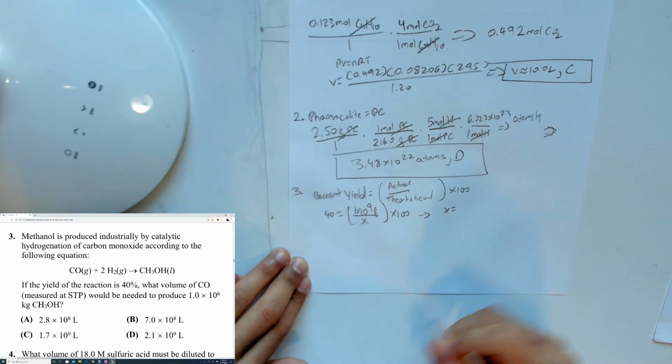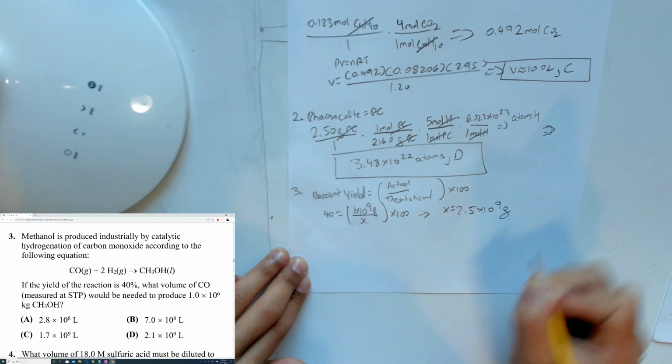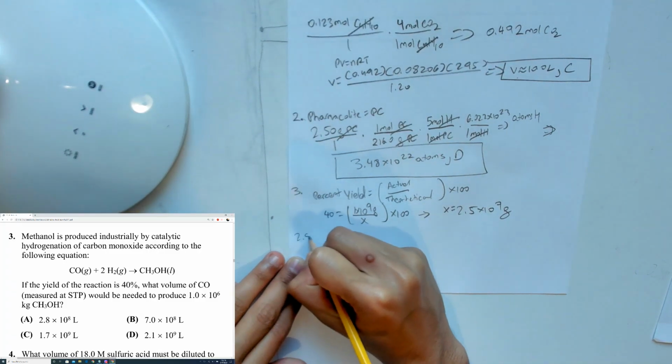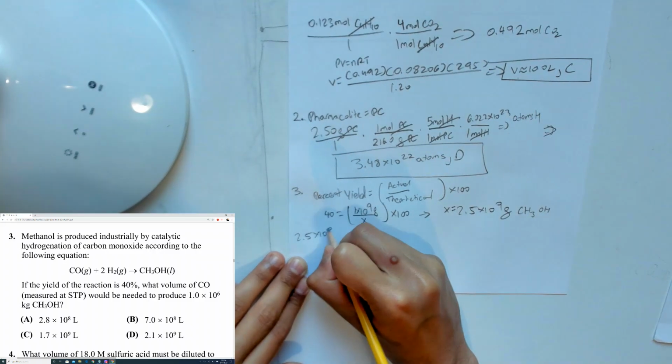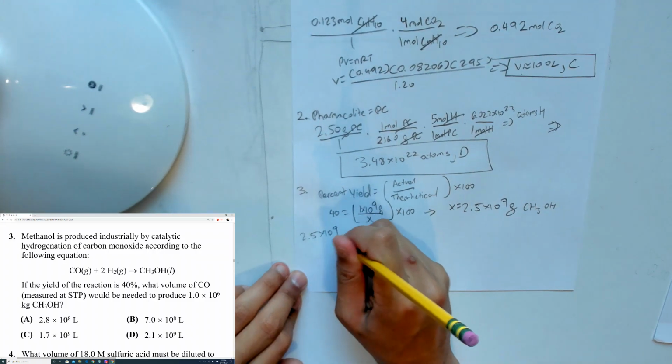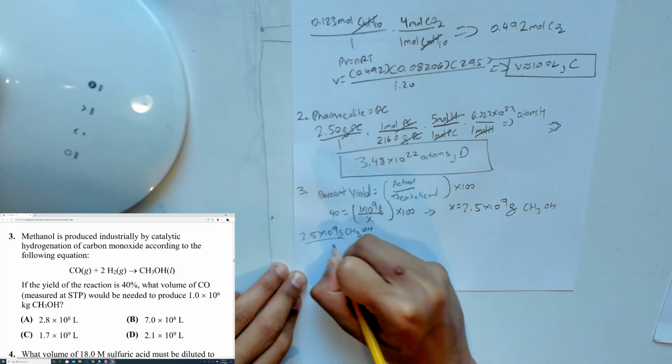Your X, or the theoretical amount, equals 2.5 times 10 to the 9 grams. From here it is just simple stoichiometry, starting with 2.5 times 10 to the 9 grams of CH3OH.